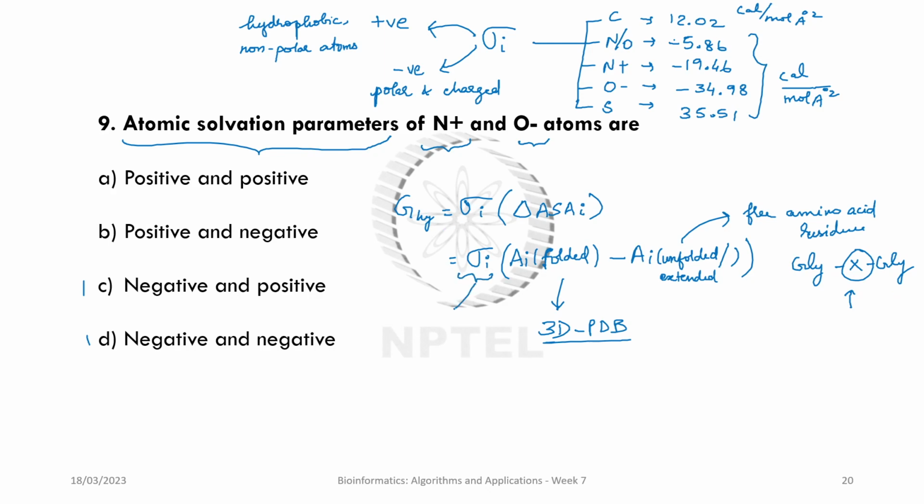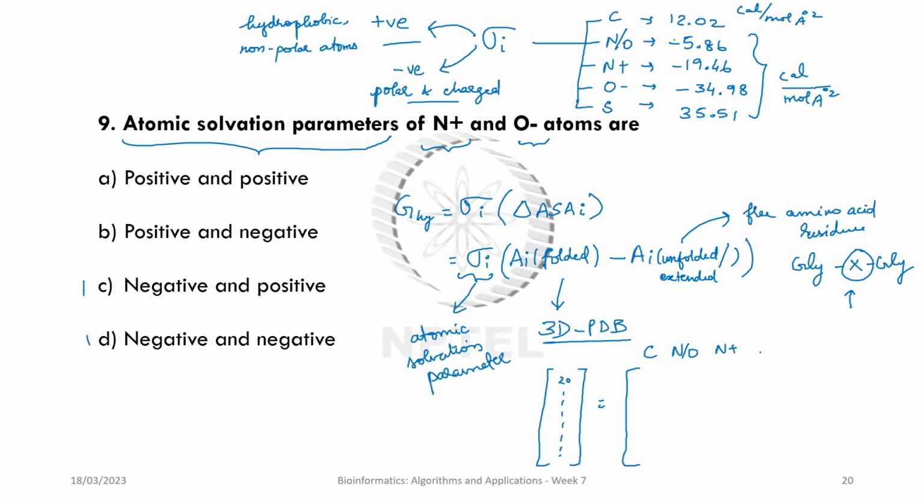Now what about this sigma? This is the atomic solvation parameter. So when you see, it is positive for hydrophobic or non-polar atoms and negative for polar and charged atoms. Now, how is this sigma found? So this was explained as finding the value for each of the 20 amino acids as a matrix format, and for each of the different atoms C, N or O, N plus, O minus.